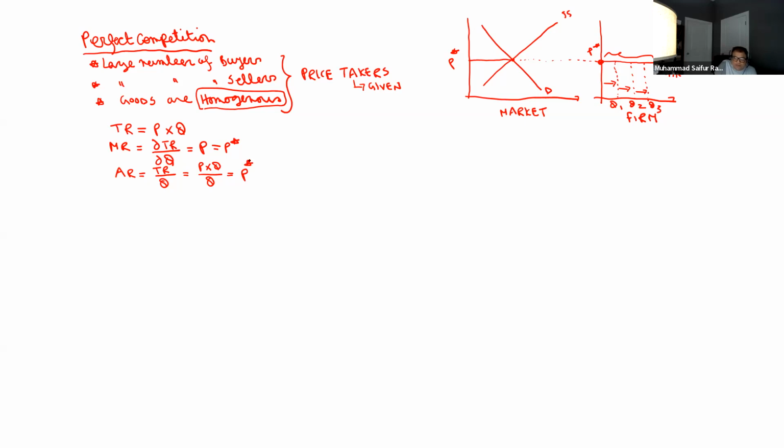Now, again, if the price is constant, meaning that the firm is facing a horizontal demand curve, the average revenue curve is also identical to the marginal revenue curve. So sometimes in perfect competition, we say that the demand curve for an individual firm, the marginal revenue curve, and the average revenue curve are all identical. So with that notation, I am going to now go back to the discussion about profit.